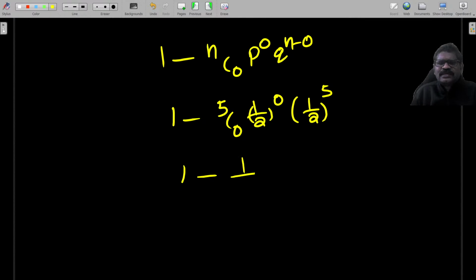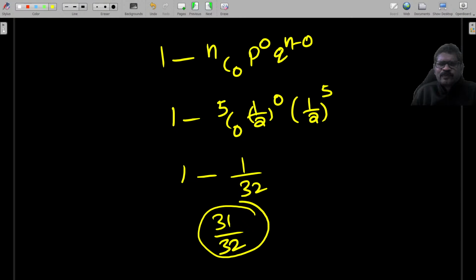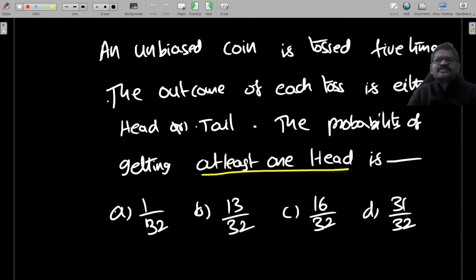That is 1 minus 5c0 (1/2)^0 (1/2)^(5-0), that is 1 minus 1/32, that is 31/32. The required probability is 31/32. So the correct answer is 31/32.